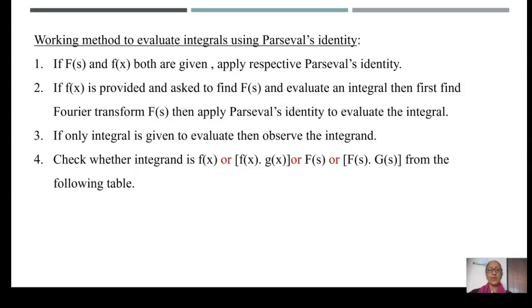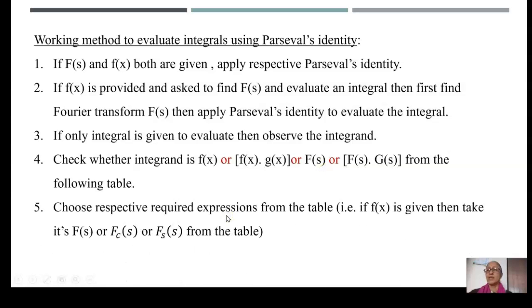If the Fourier transform is provided, we have to choose the function. If the function f(x) or inverse Fourier transform is provided, then according to that we have to choose the Fourier transform. Choose the respective required expression from the table. That means if f(x) is given, then take f of s, or the cosine transform or sine transform according to the given integrand in the integral. Then we apply the relevant Parseval's identity to evaluate the integral.